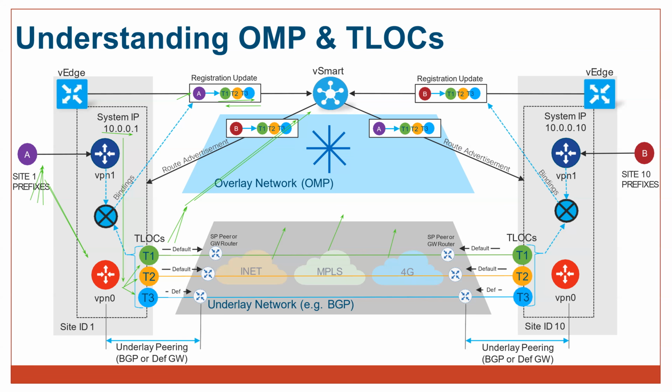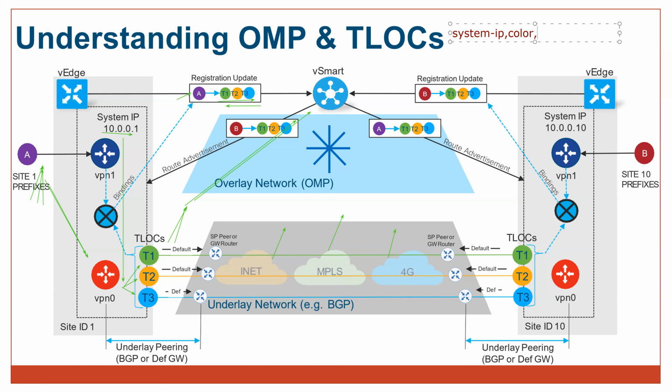In the TLOC, you have three pieces of information. You have something called the system IP, which is unique to the box. With the help of the system IP, vSmart will understand that it is coming from branch 1. And with the help of the color, vSmart will understand whether it is coming via MPLS, internet, or 4G.